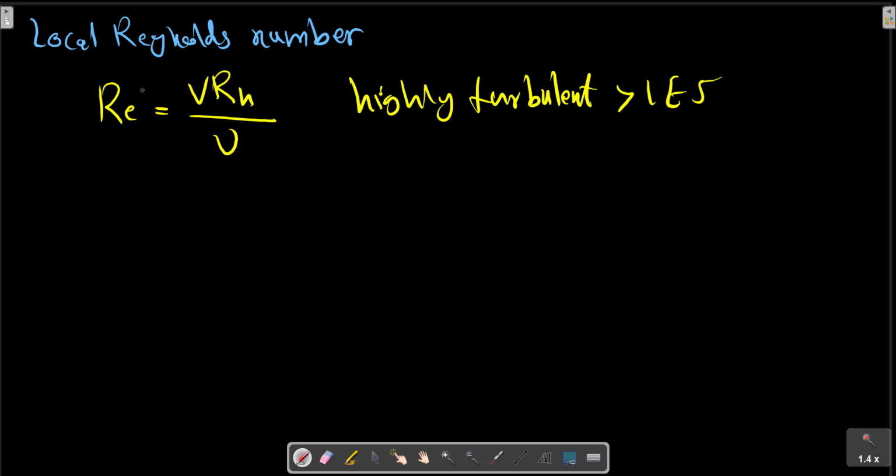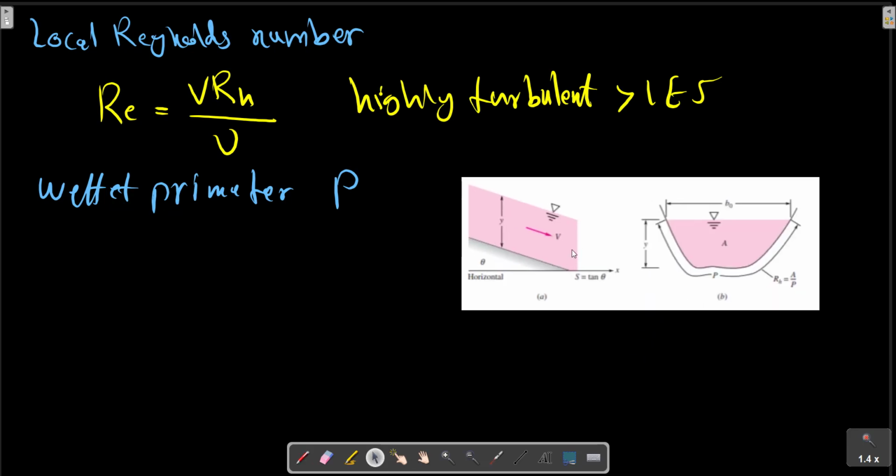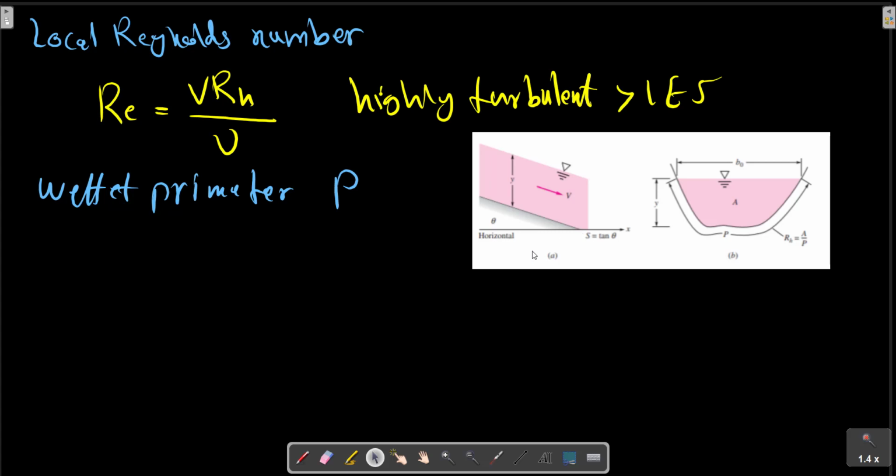The wetted perimeter, P, as also shown in this picture, includes the side and the bottom of the channel, but not the free surface, and of course not the parts of the side above the water, as shown here.